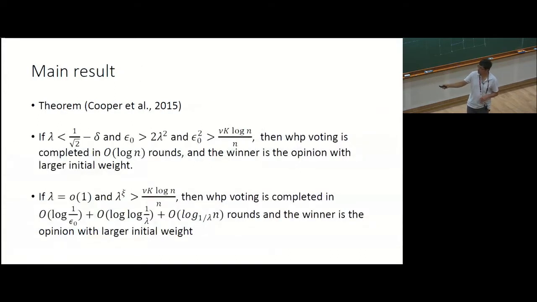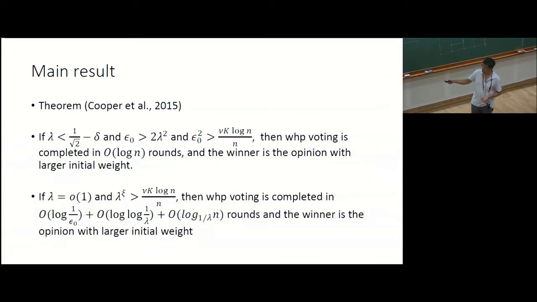So if your spectral gap is big enough, so if your second eigenvalue is far enough away from 1, so you have to be below 1 over square root 2, your initial populations are well separated enough by at least 2 lambda squared and some other condition in terms of the variability of the degree distribution, then all the things you want happen with high probability. So it reaches consensus in order log n rounds, and the larger weight wins.